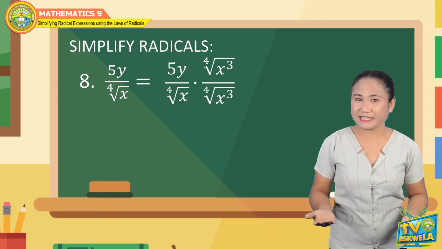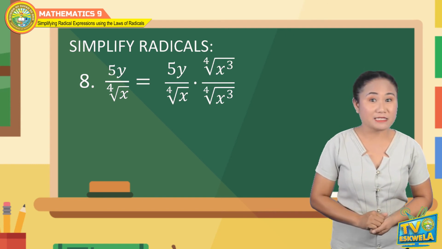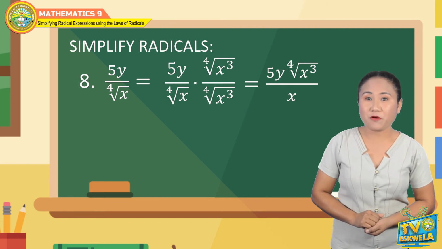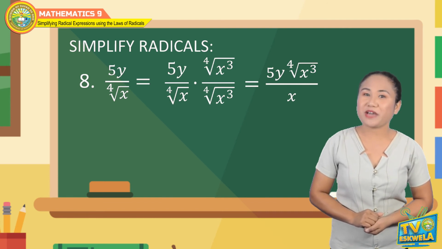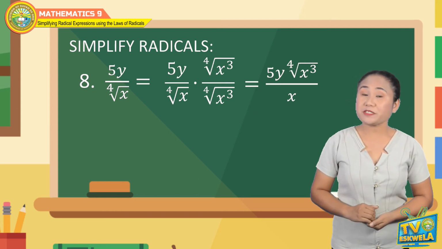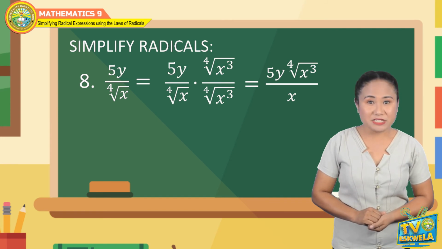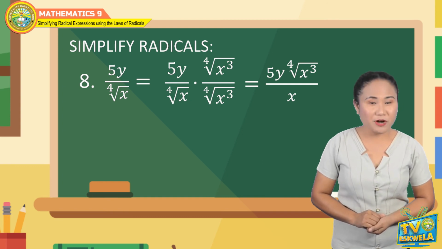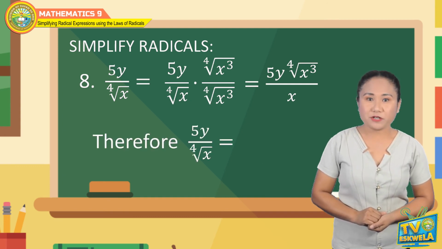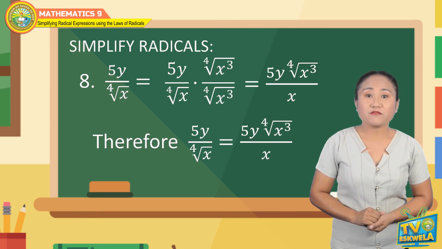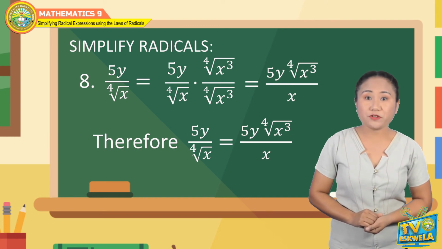We may multiply this by fourth root of x cubed because the resulting product will be fourth root of x raised to the power of 4 and is equal to x. So, we will multiply both numerator and denominator by fourth root of x cubed. Therefore, 5y over fourth root of x equals 5y fourth root of x cubed over x.